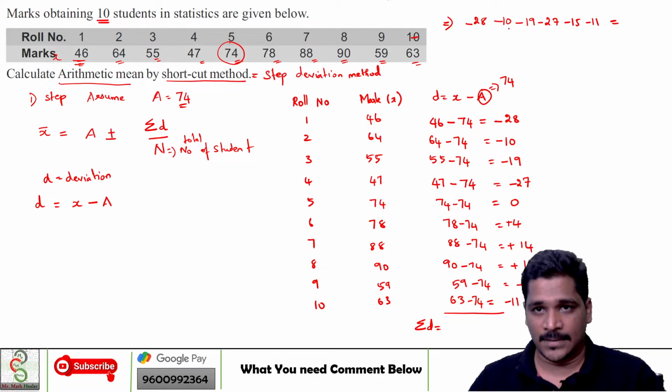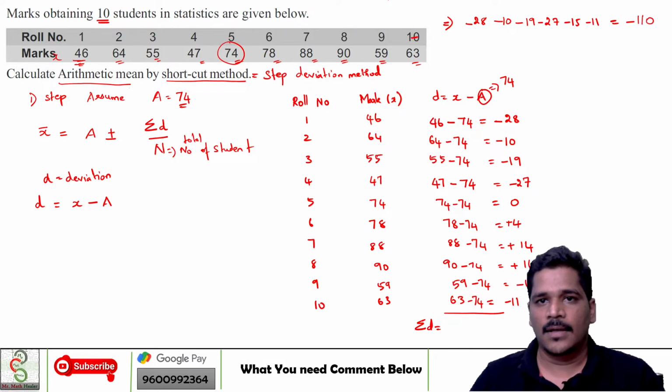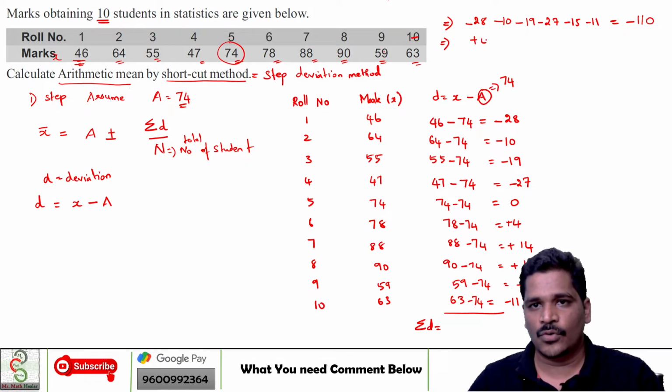Minus 28 is 38, and then 57, 64 and 84, and then it is 95, and then minus 110. Okay, minus 110. Then now I'm going to add the positive numbers. Plus 4, 0 is neither negative nor positive, so we just omit that 0. Plus 14 plus 16, that's it.